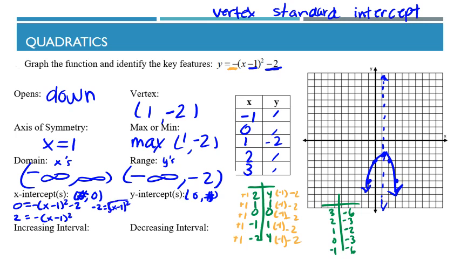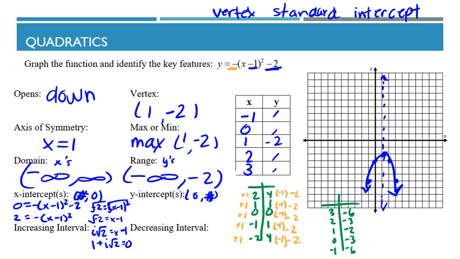The opposite of squaring is square rooting. If I square root a -2, I have to take an i out. And then I'm going to add 1. So I'm going to have 1 plus i radical 2 equals x.